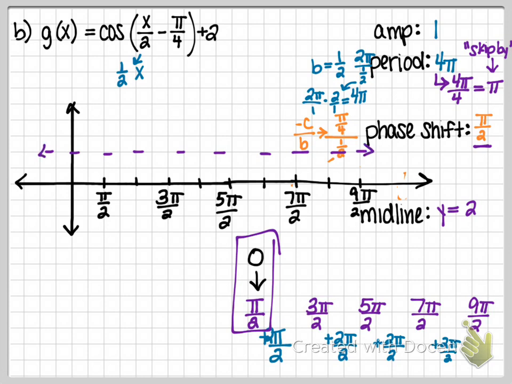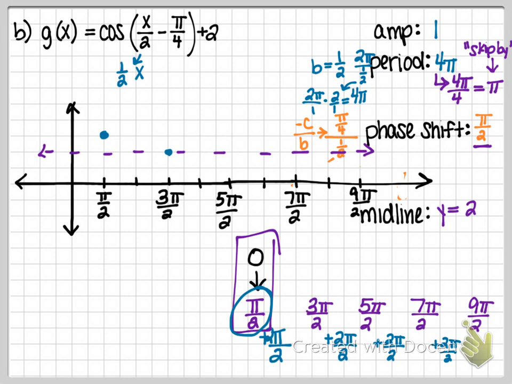All right. So I'm graphing cosine. Instead of starting at 0, I'm going to start at pi over 2. Cosine starts at a maximum. Since my amplitude is 1, I'm going to go 1 above. And then the next point is at the midline.